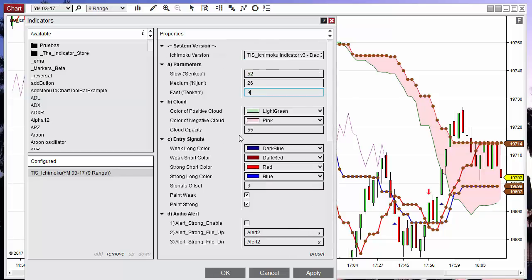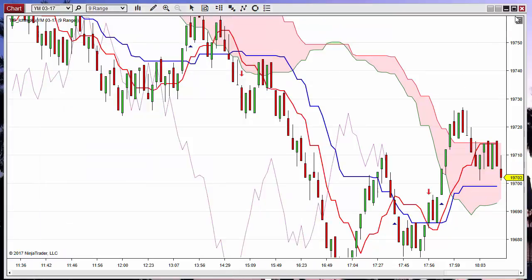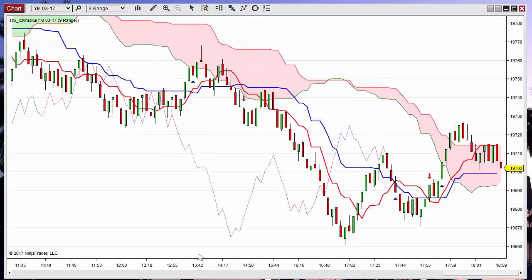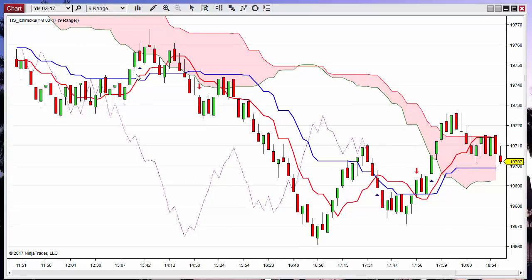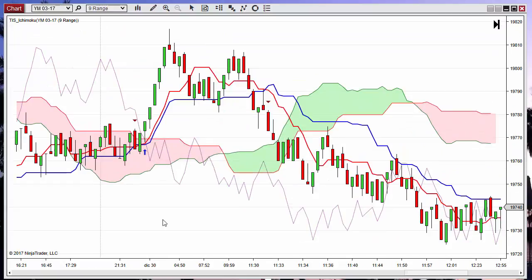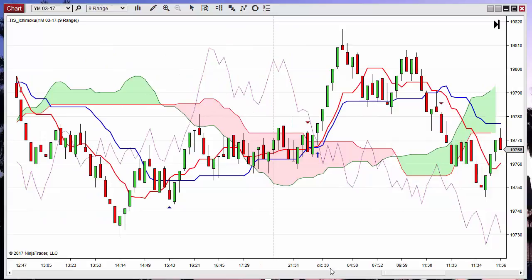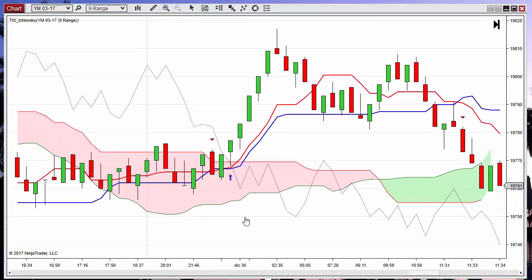This is available for Ninjatrader 7 and Ninjatrader 8. So we get painted signals against the trade, against the cloud, and also in favor of the cloud, with the cloud as support.